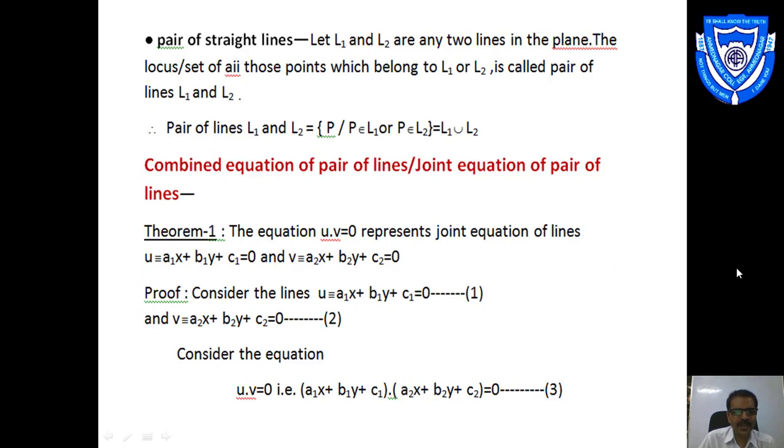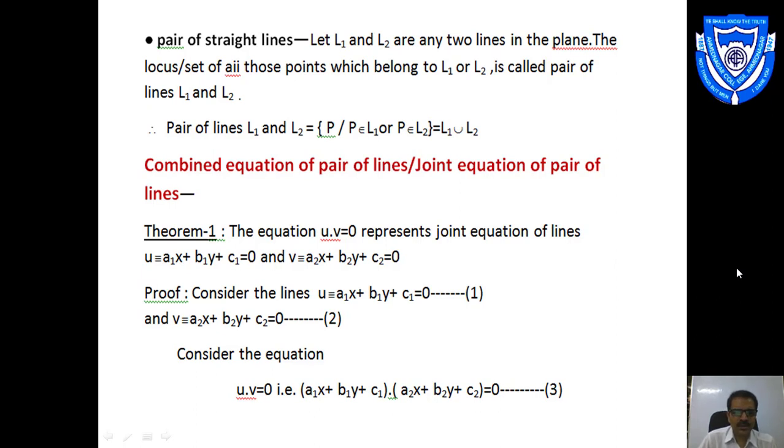Meaning that whatever separate lines u and v there are, take the product of their separate equations, and that will give you the joint equation of the pair of lines L1 and L2. Now we are going to prove this theorem. Let's have the proof.